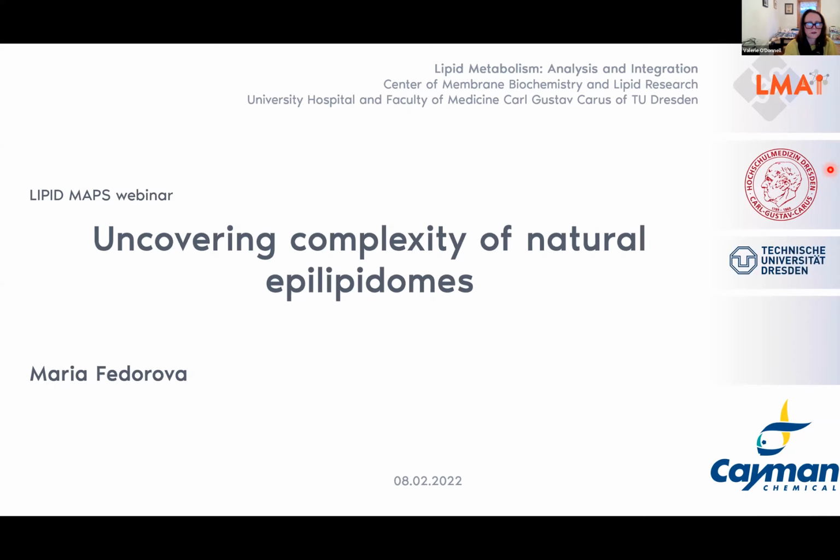So she particularly works on implementation of high throughput LC-MS methods in discovery lipidomics. This is designed at targeting in-depth identification and quantification of the human lipidome in a variety of tissues, including particularly oxidized lipids, as she's going to talk about today under the term epilipidomes.